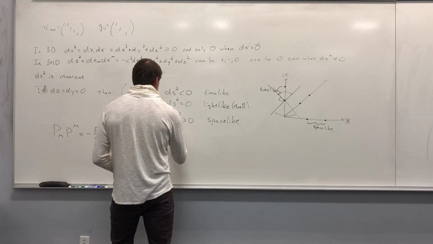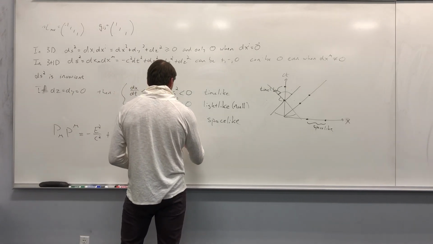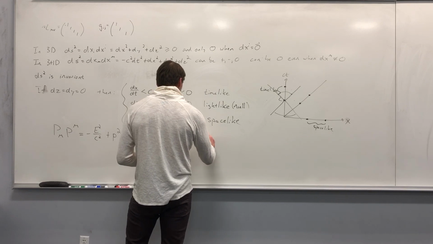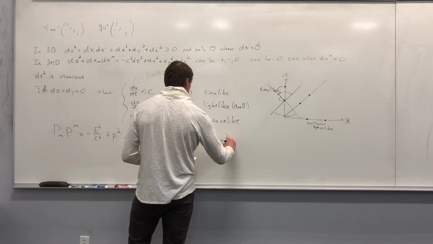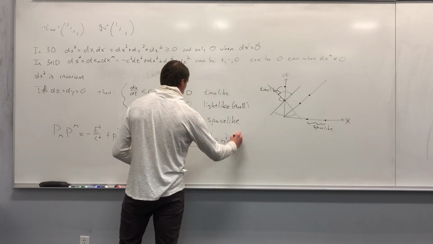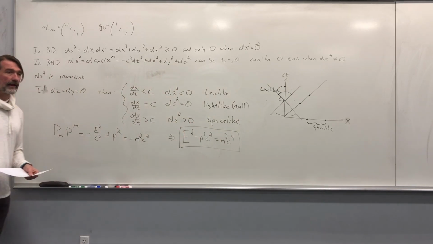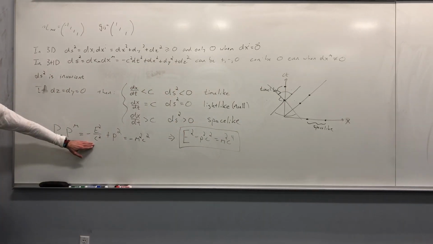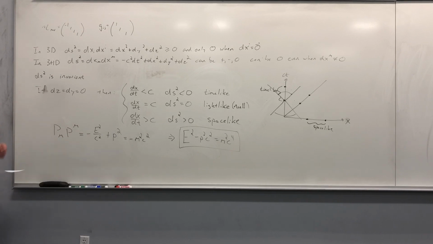And I took this and I extracted this very useful form of E squared minus p squared c squared equals m squared c to the 4th, and I said we would use that in the example that I'm going to work out later. But for now, I just want to focus on this.